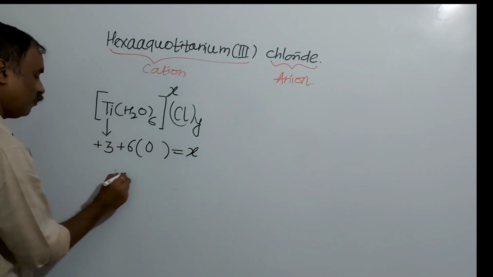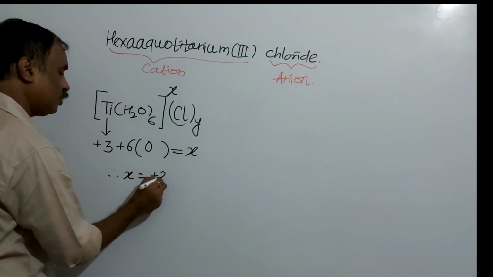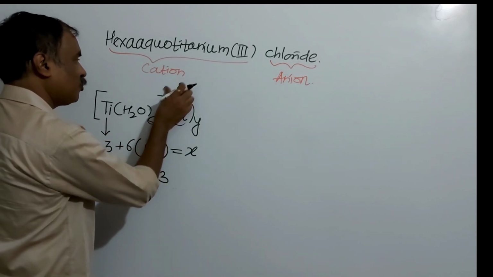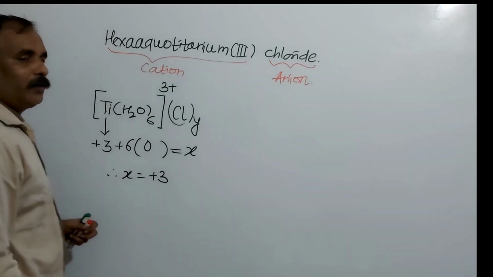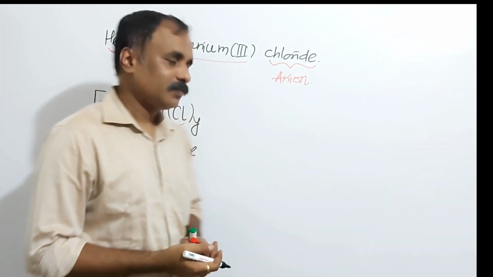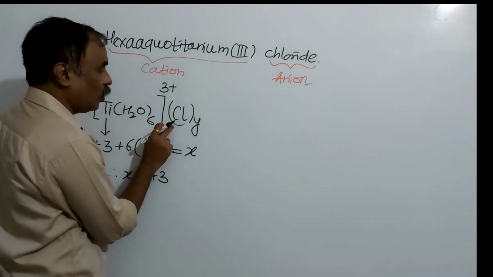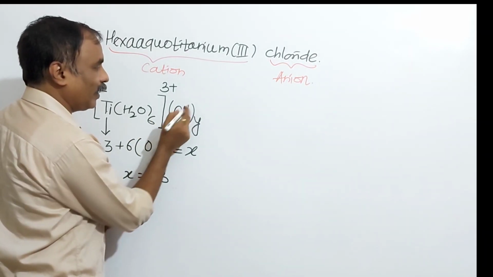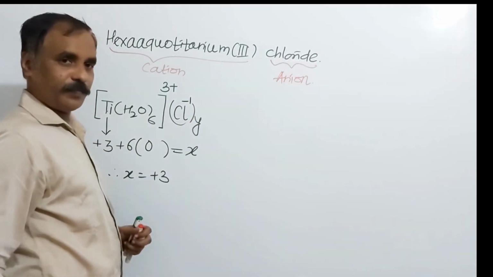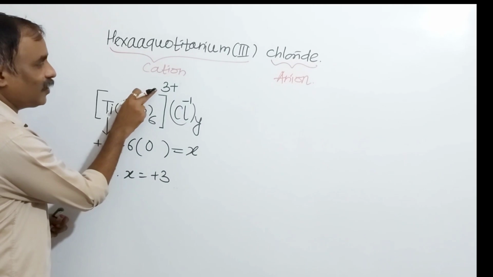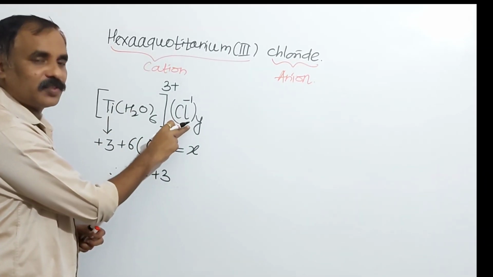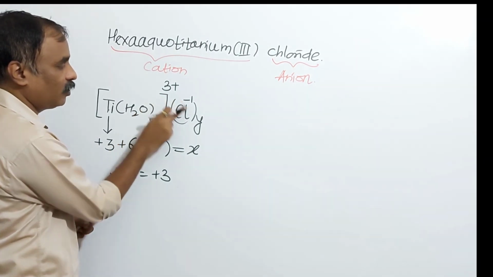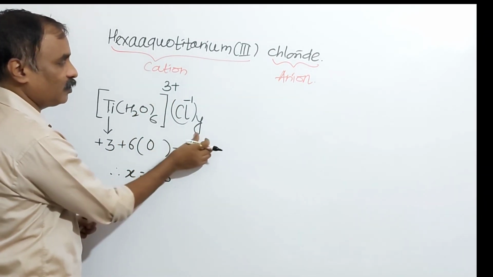Therefore, x is equal to 3, and the total positive charge on the square bracket is plus 3. So the total negative should be minus 3. And we know that Cl minus is a negative ligand that carries minus 1. To neutralize plus 3, how many negative charges are required? Minus 3. So here y should be 3.